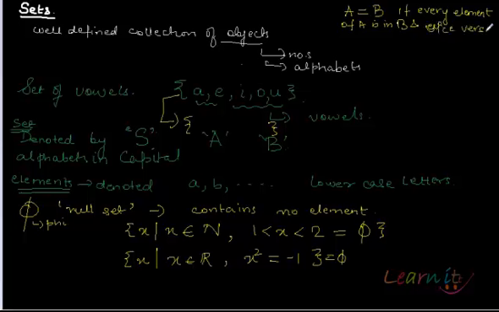So every element of A is in B and every element of B is in A, then you call both sets to be equal. This box tells us what two equal sets mean.